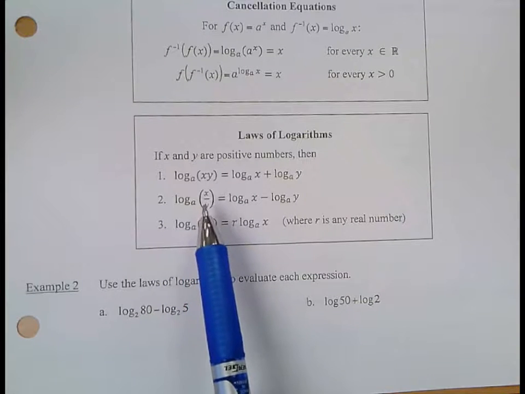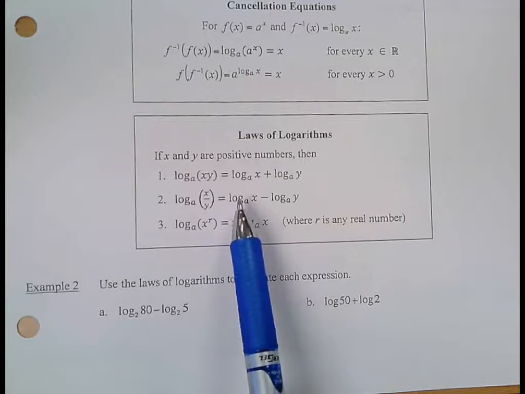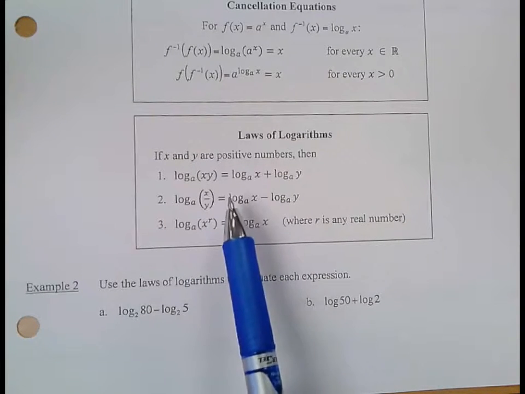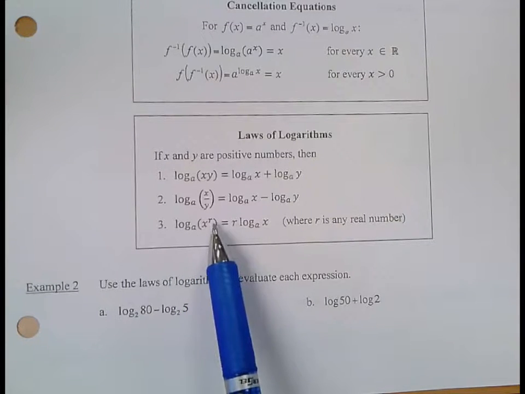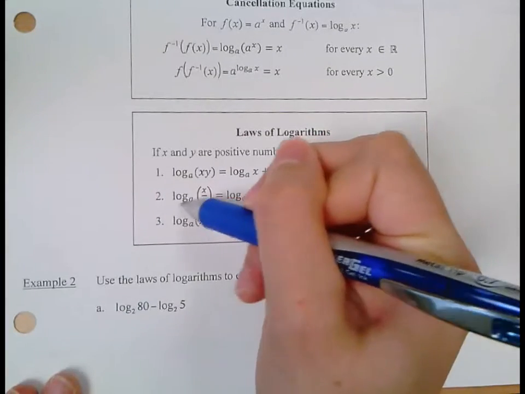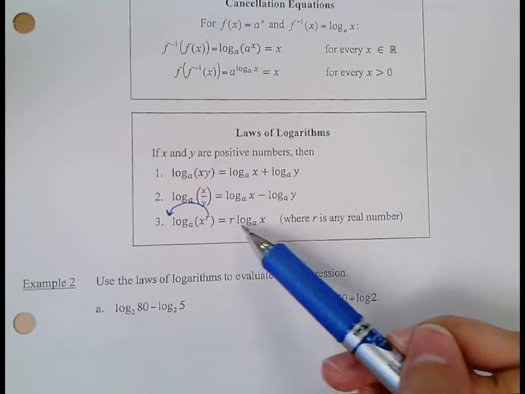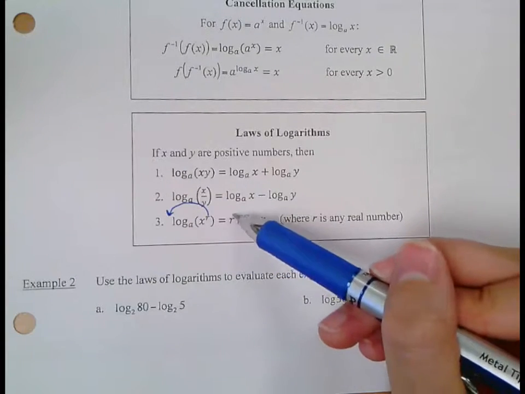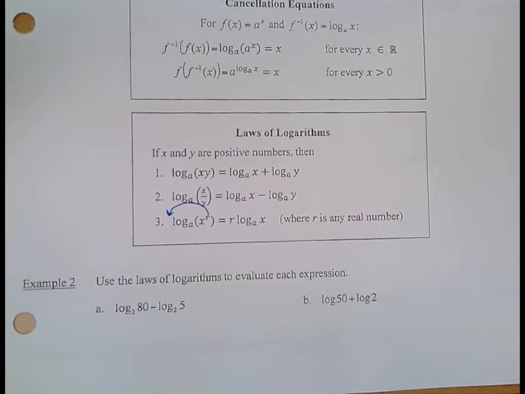Log base a of x divided by y, the logarithm of a quotient, is log base a of x minus log base a of y. So it would be the difference of two logarithms. And then log base a of x to a power, r, that power can be brought down in front as a coefficient. So r times log base a of x.